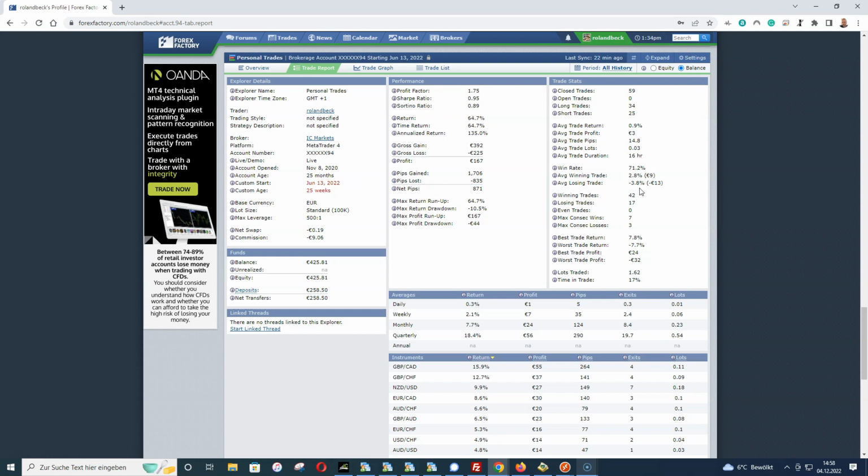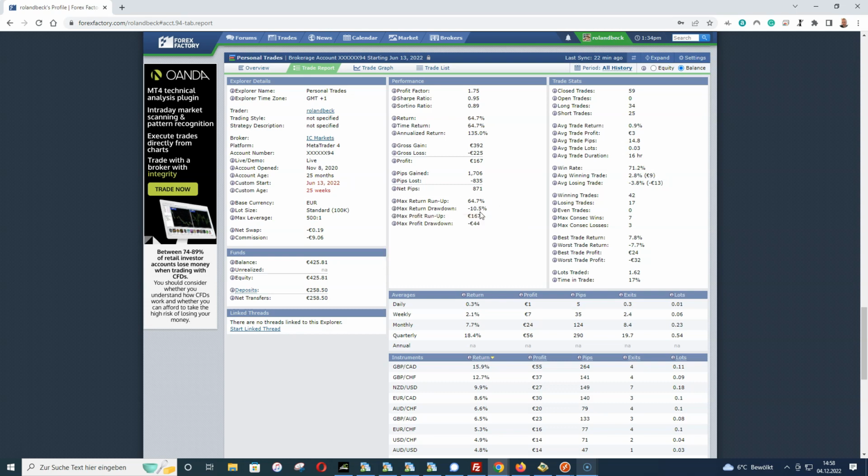So this losing average trade is not a big problem. And you can see that I had here 42 winning trades and only 17 losing trades. And with this statistic, it is not that important how big the average losing trade is.